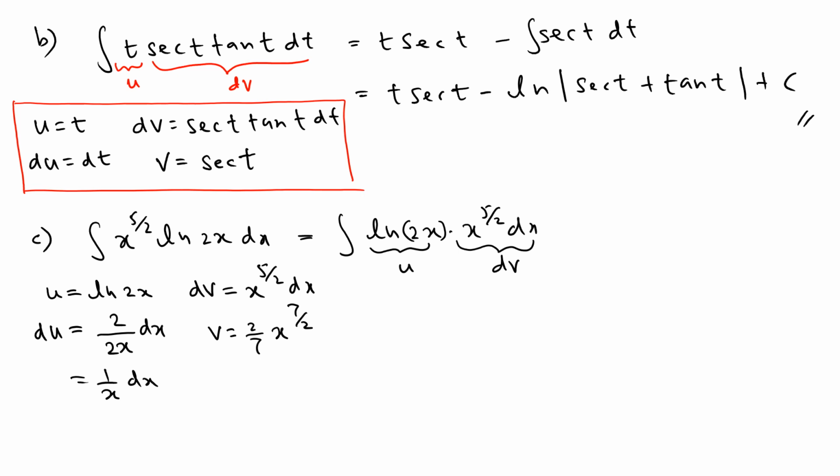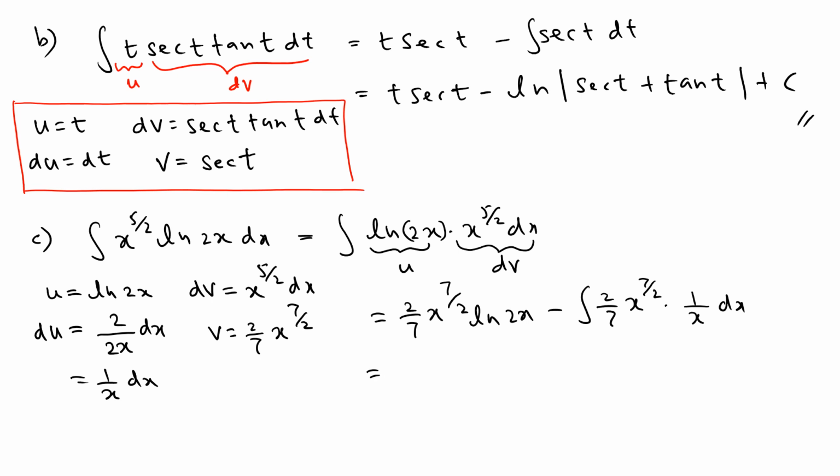So that means your answer is uv. uv means 2/7 x^(7/2) log 2x minus, and then we have 2/7, and then that's v, and du is 1 over x dx, so we have that.